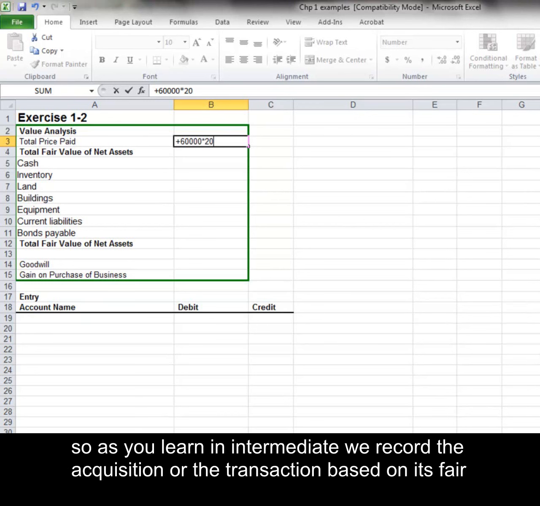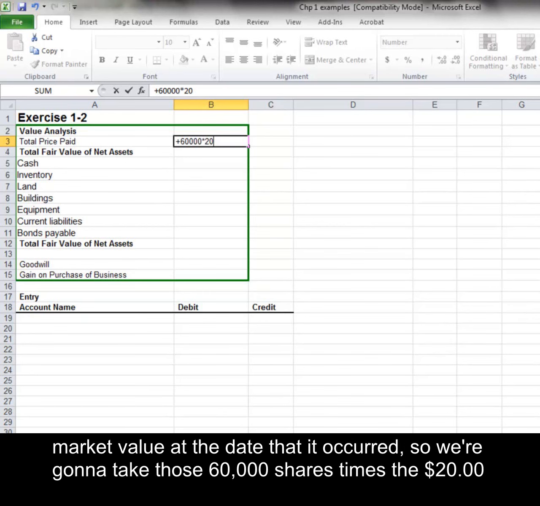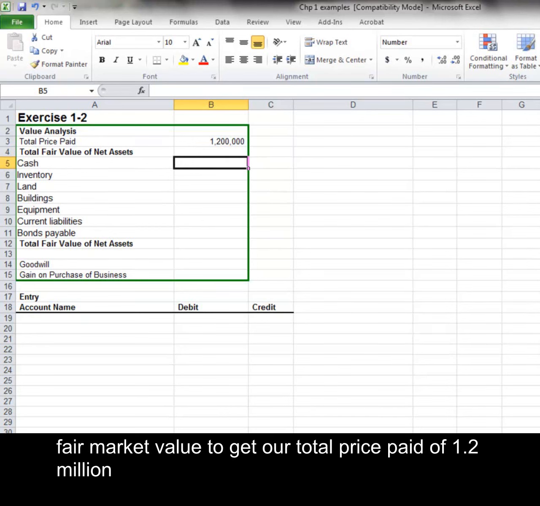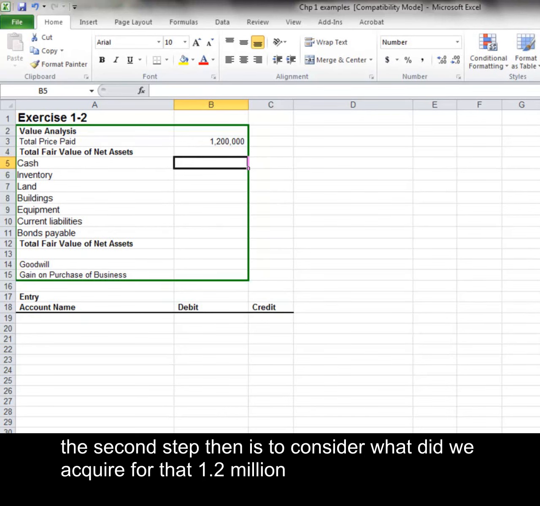As you learned in intermediate, we record the transaction based on its fair market value at the date that it occurred. So we take those 60,000 shares times the $20 fair market value to get our total price paid of $1.2 million.